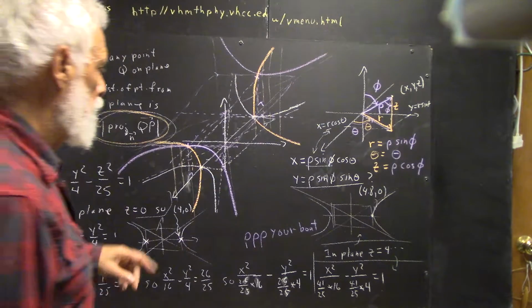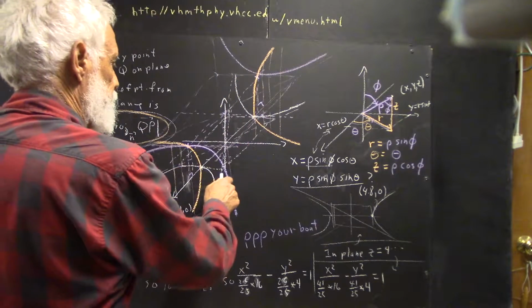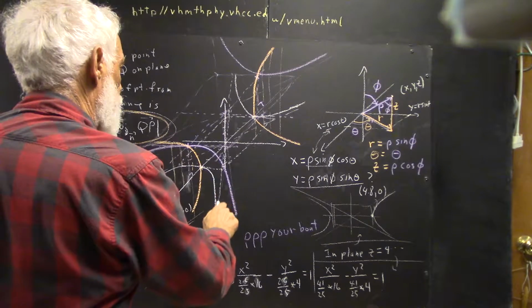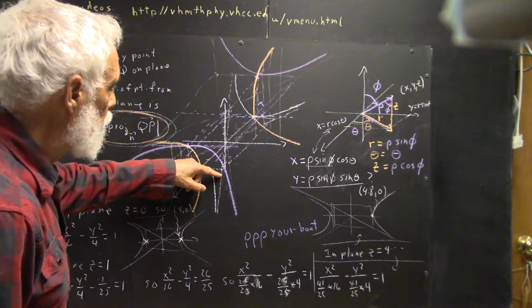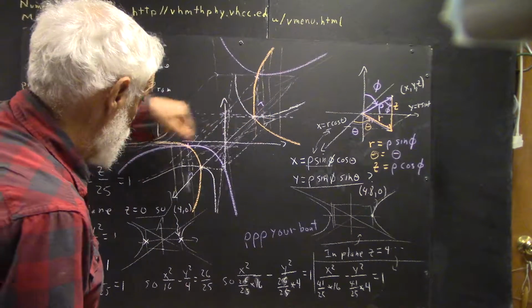Now, having drawn that rectangle, I draw these dotted lines here, these white dotted lines, one here and one here, and you can see that these lines go diagonally through the rectangle.